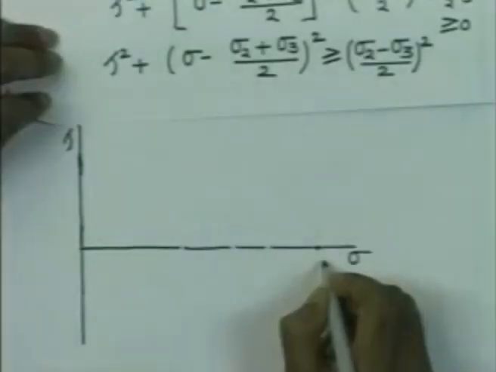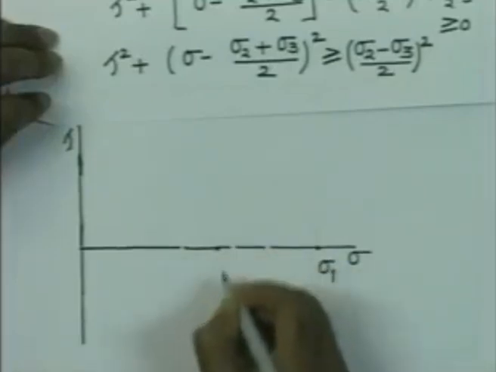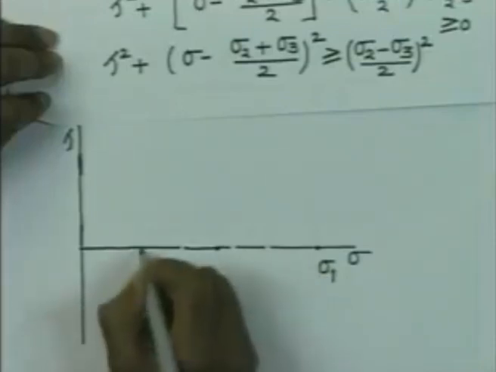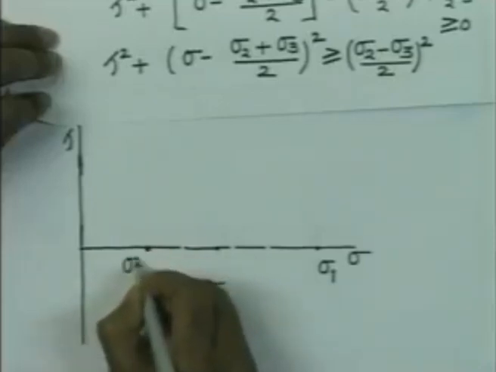Now, let us also write the stresses: this is my stress sigma 1, this is sigma 2, and this is sigma 3.